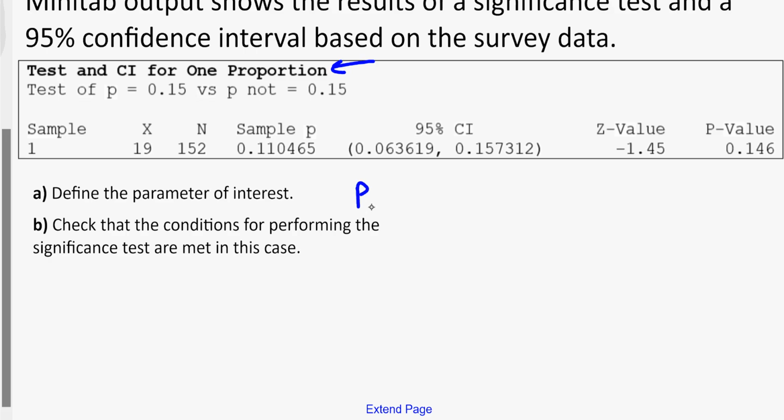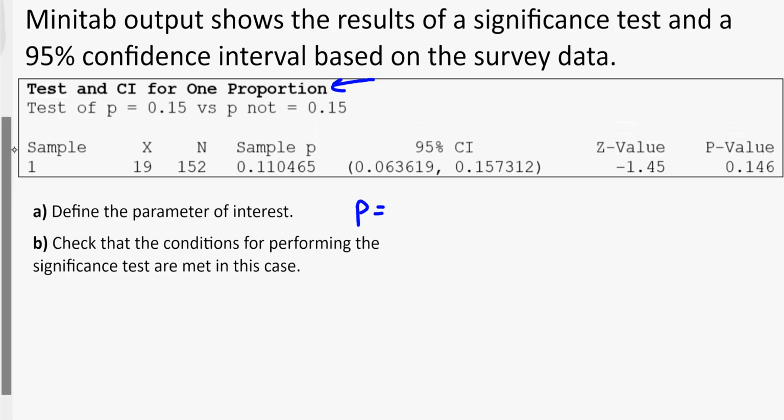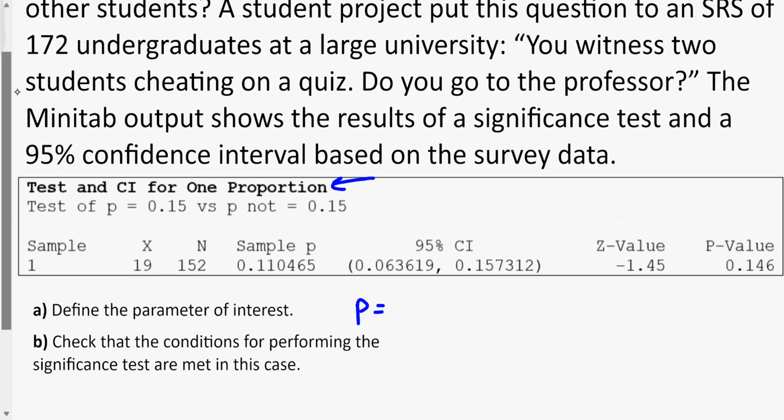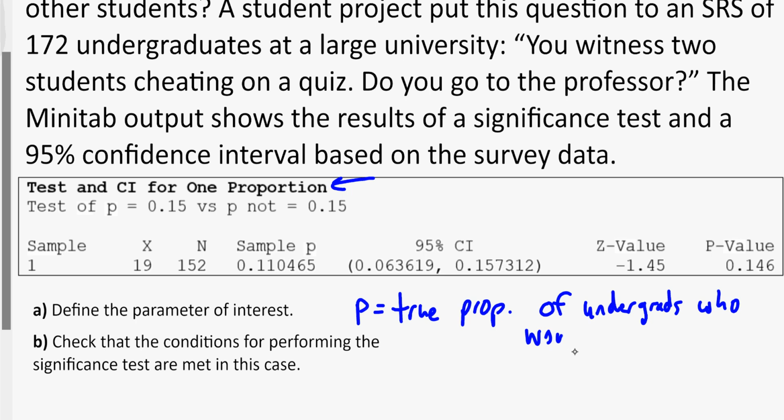So first of all, our parameter would be p equals the true proportion of undergrads who would report cheating, essentially, at this university or universities like it.